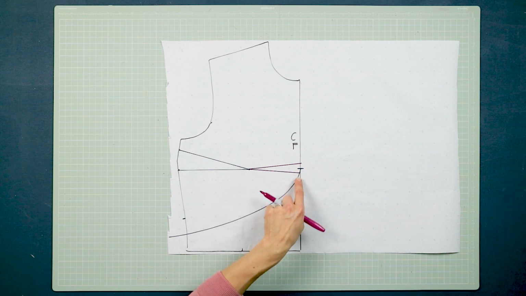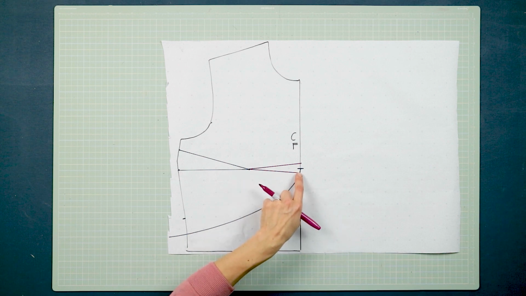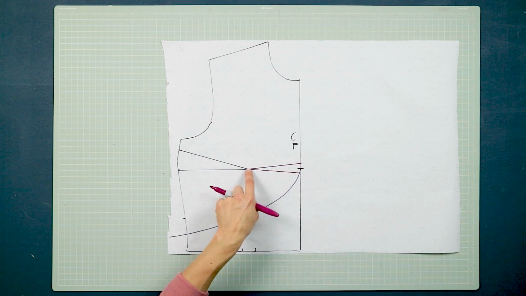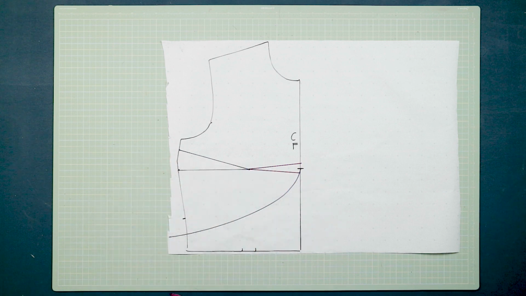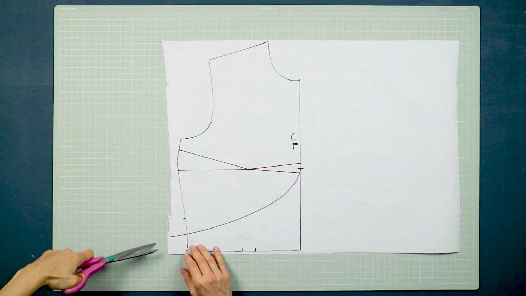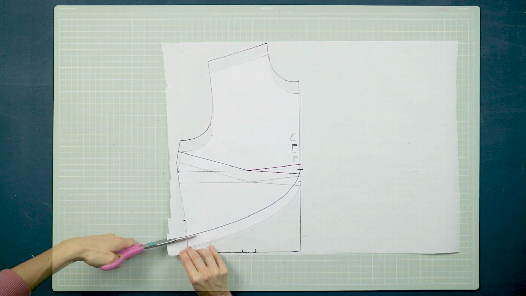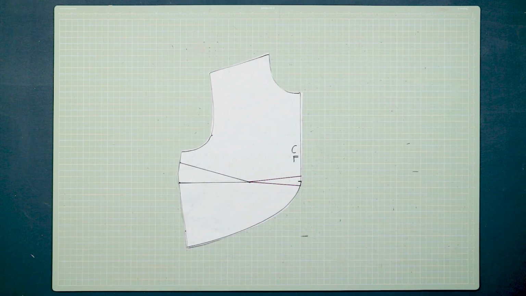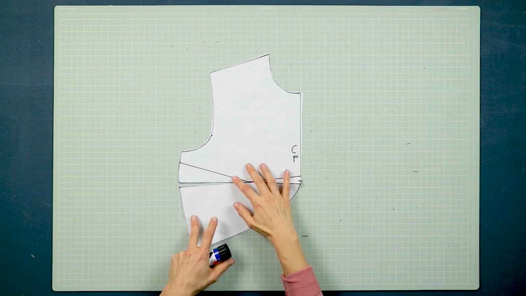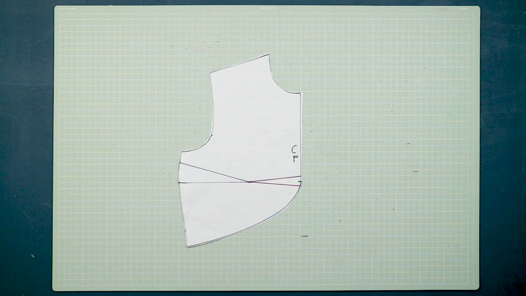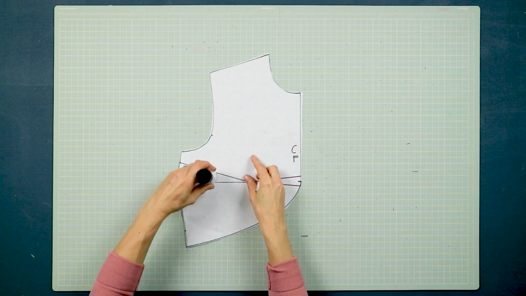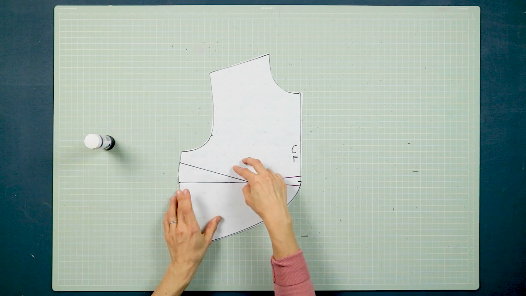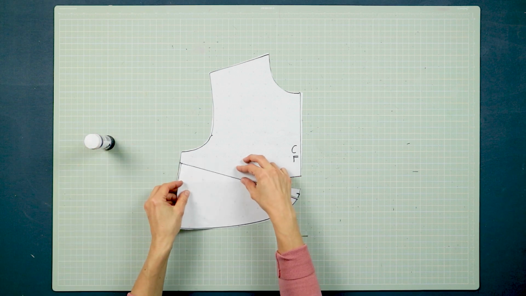What I'm going to do is cut out my new shape, and then cut into these points and close my original dart. So I've cut it all out, I've cut my original darts and my two new volume lines, and I'm going to close my original dart.